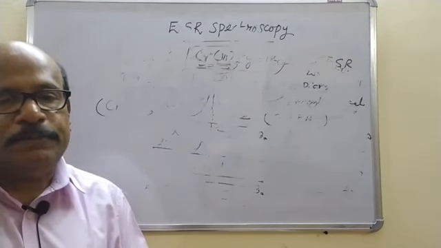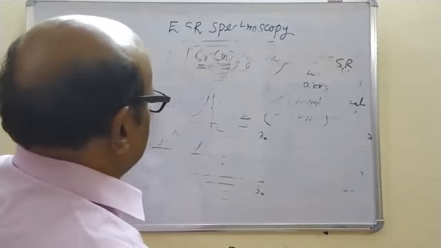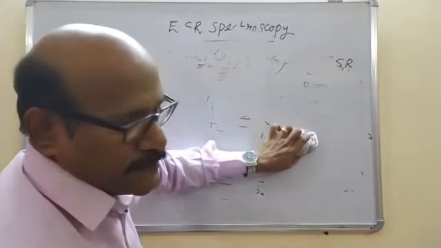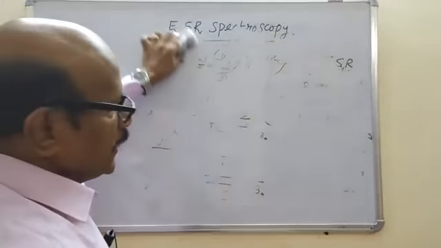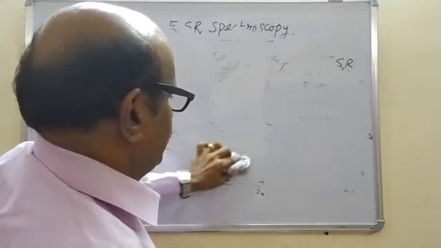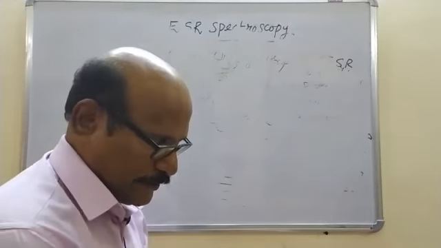That is called hyperfine splitting, and it is governed by two quantum mechanical selection rules, one for delta Ms and the other for delta Mi. So this aspect can be discussed in the next class. Okay, thank you very much.